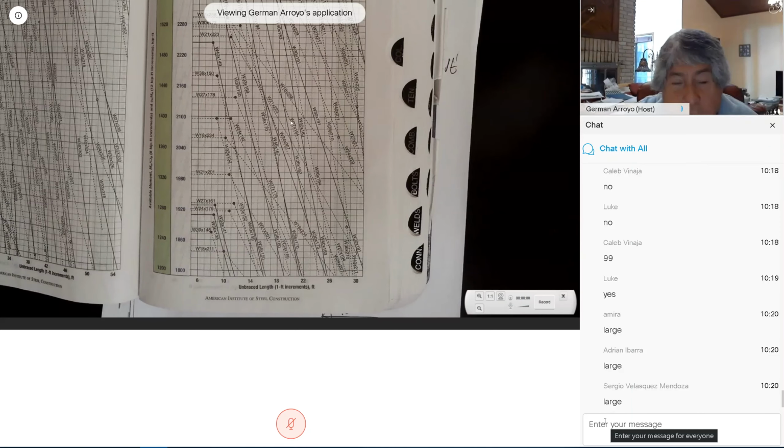In the next chapter, the textbook always assumes that M sub P controls for beam column. You have to be very careful because this is a typical case where phi M sub N is smaller than M sub P. So phi M sub N is 2066.13.